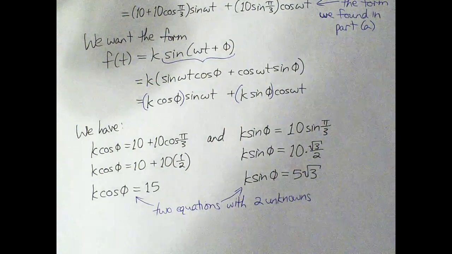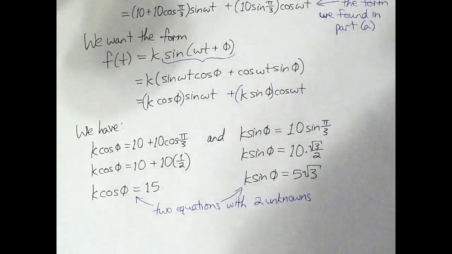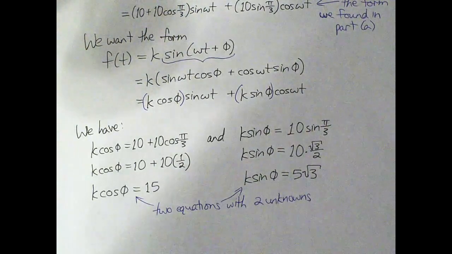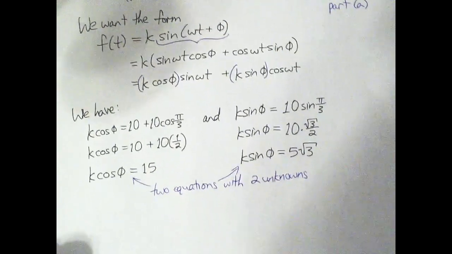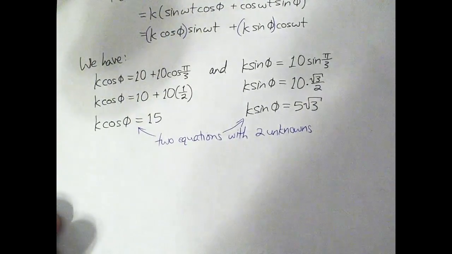It's a lot easier when you have linear equations, like you've seen in algebra classes, where maybe the two unknowns are called x and y, and you do substitution where you solve for one in terms of the other. This is a little trickier because they're not linear equations. They have trig. So we need some way of merging these two statements together that's going to help us solve for the unknowns.